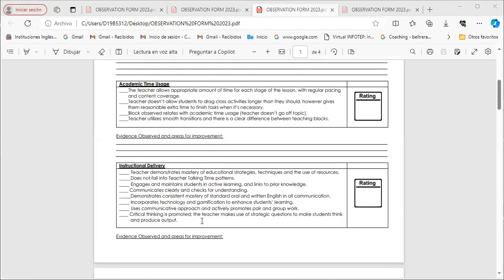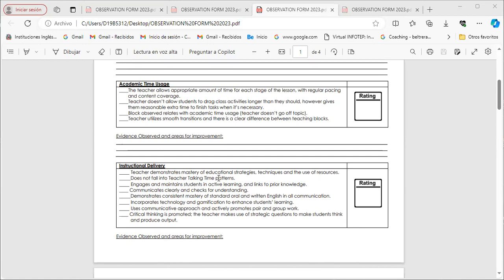If you decided to observe instructional delivery, the way the teacher teaches, then you check what you observe. Teacher demonstrates mastery of educational strategies, techniques, and the use of resources.